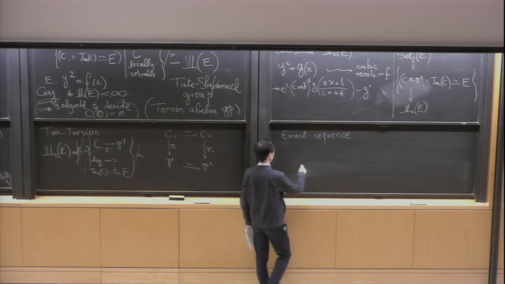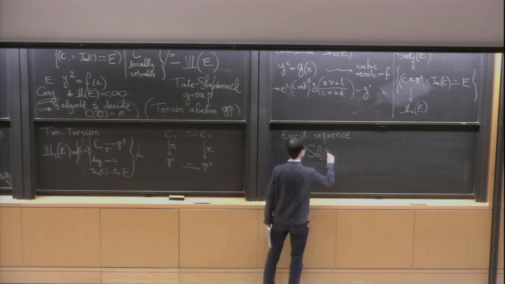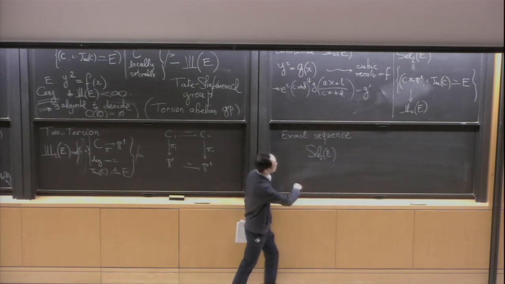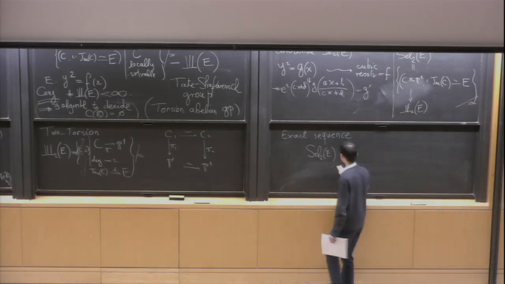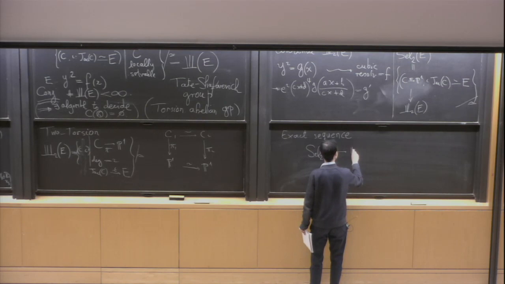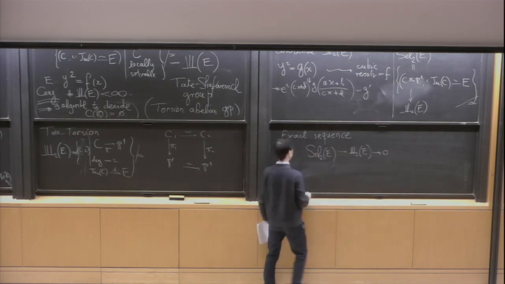Namely, the two Selmer group, defined again always modulo the equivalence relation, maps to the two torsion of SHA.